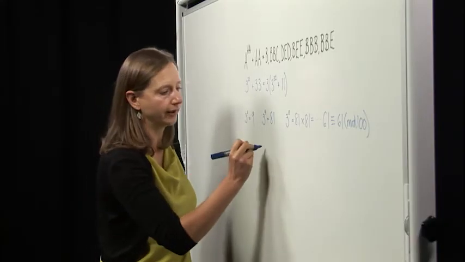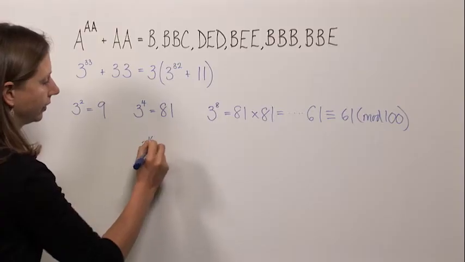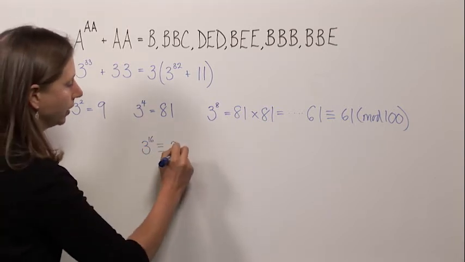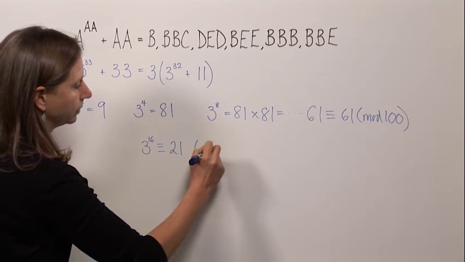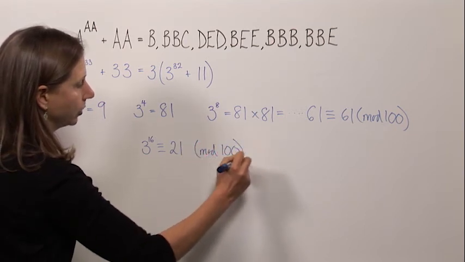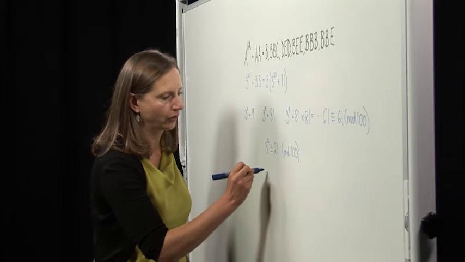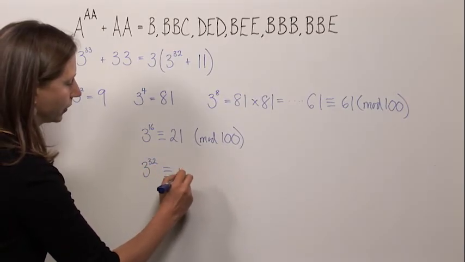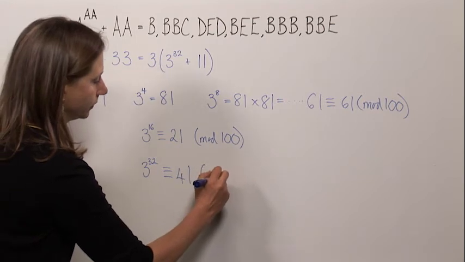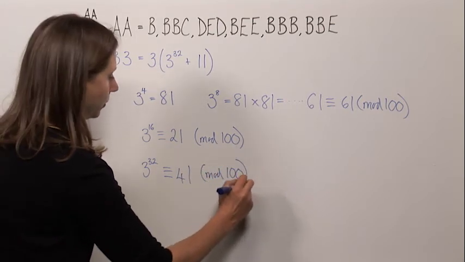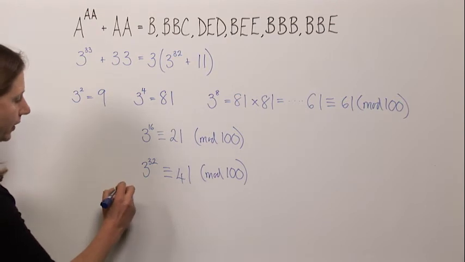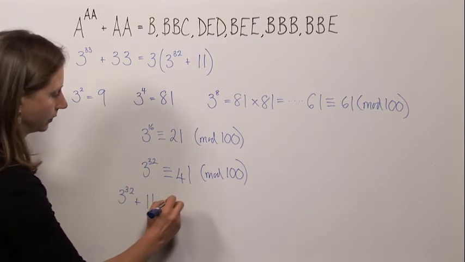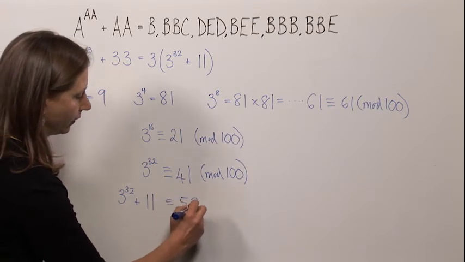We can square both sides again to get that 3 to the 16 is congruent to 21 mod 100. So 3 to the 32 is congruent to 41 mod 100. And we've got there, so we need to add on 11, and we get 52.